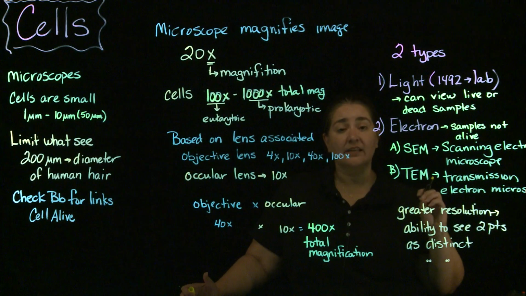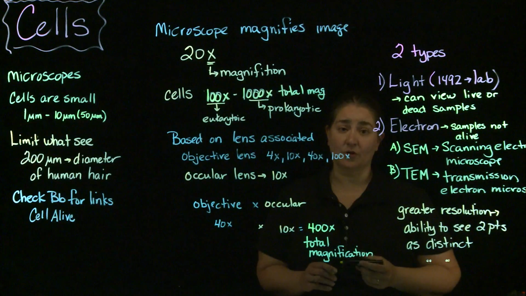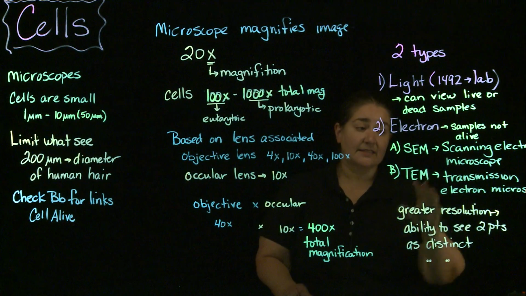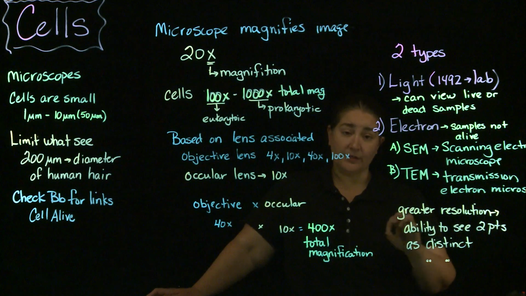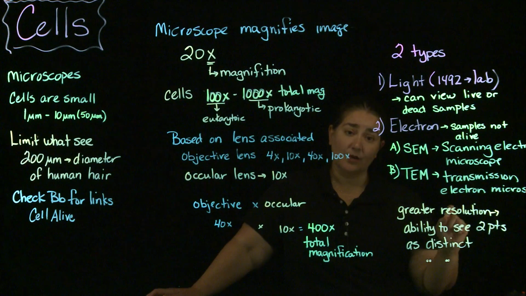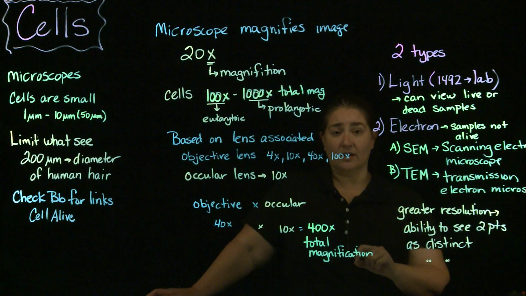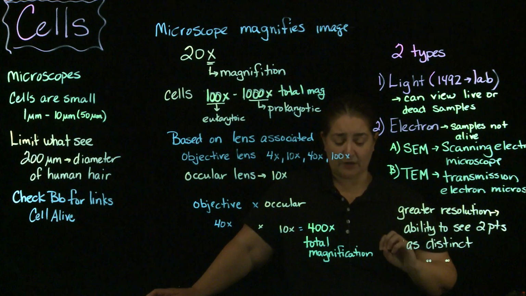So anytime you're looking at an electron microscope image, the sample you're looking at is no longer alive. All right? It's not alive, but you can see a lot more detail. Okay? And hopefully the images I have in the PowerPoint, you can see some of that. The differences between prokaryotic cells and eukaryotic cells, what you can visualize with a light microscope versus an electron microscope.